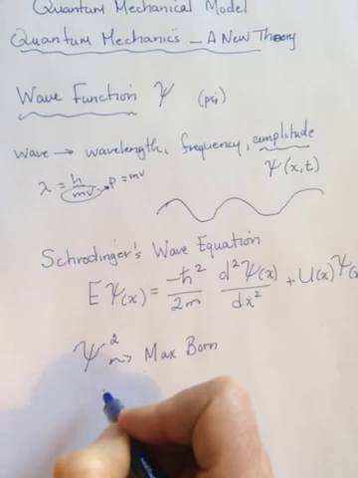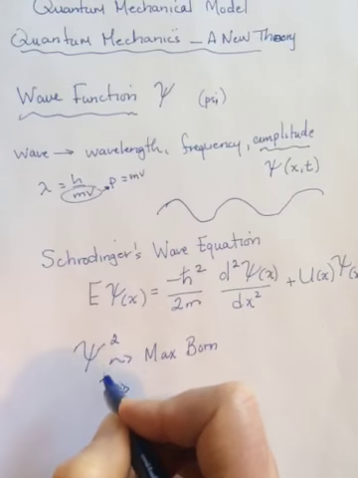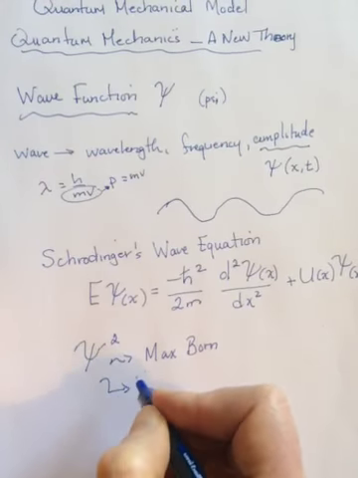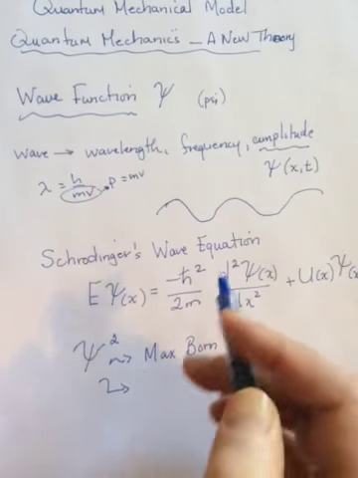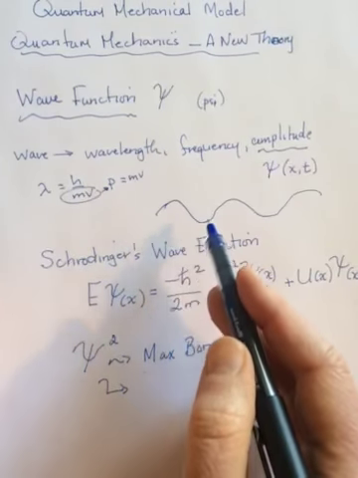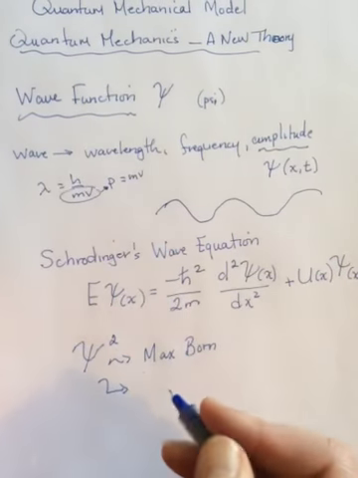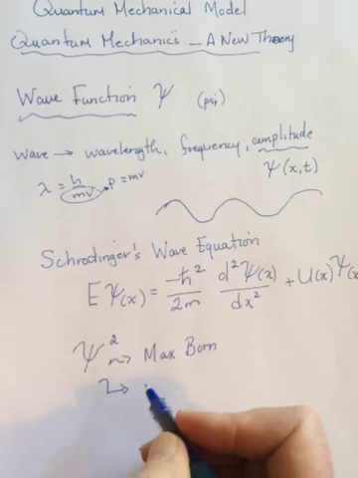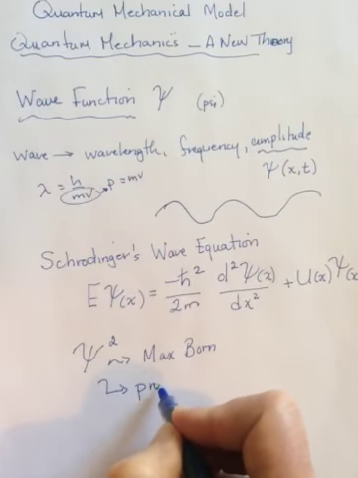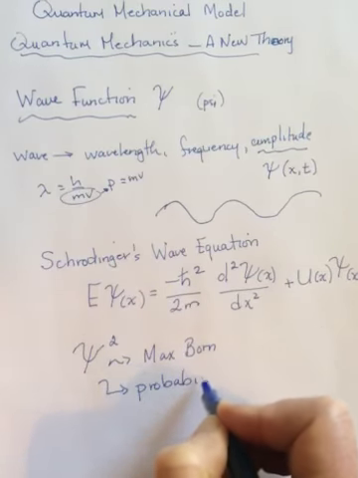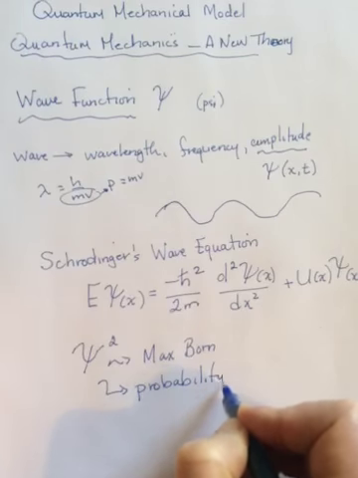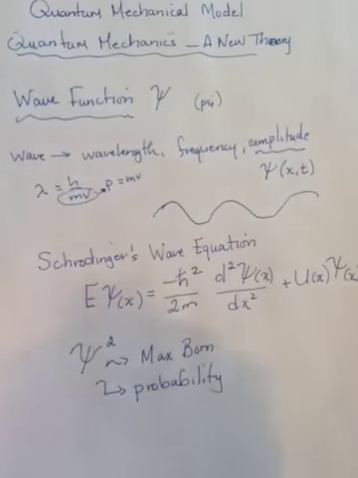Max Born realized that the best we can find is the probability of an electron being at any given point in a certain period of time. So the best that we can know is the probability of this. It tells us the probability of where an electron would be.